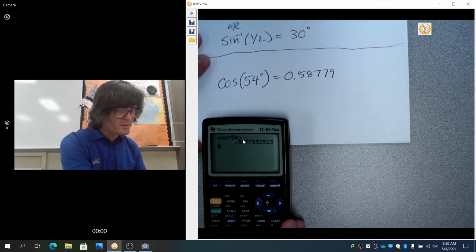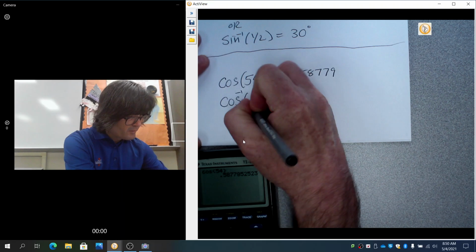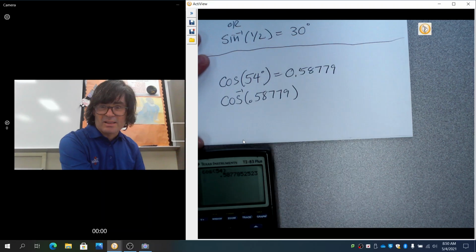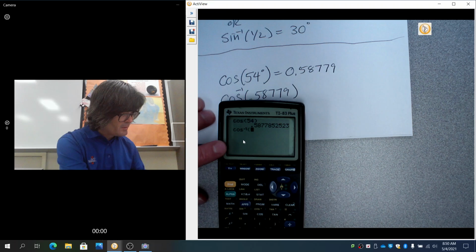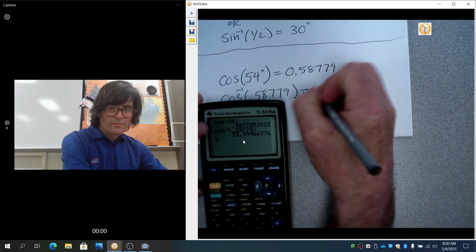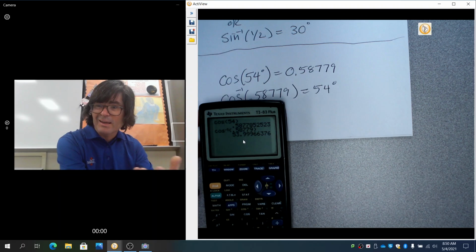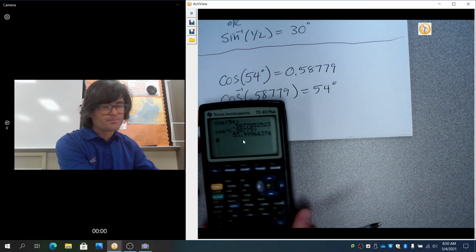If you wanted to do inverse cosine of 0.58779 and ask the calculator what angle would have given me this, you could do second cosine 0.58779, and it gives you 54 degrees. So it's just a way to say, hey, what was that angle that we used to get that number? So let's look at a triangle.